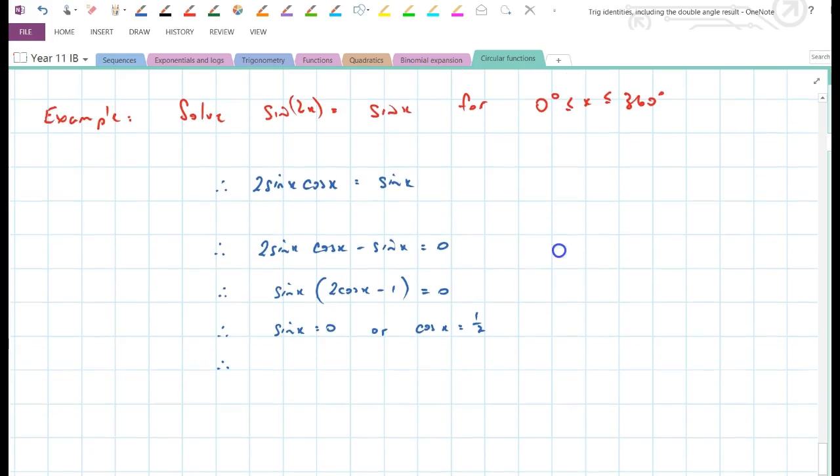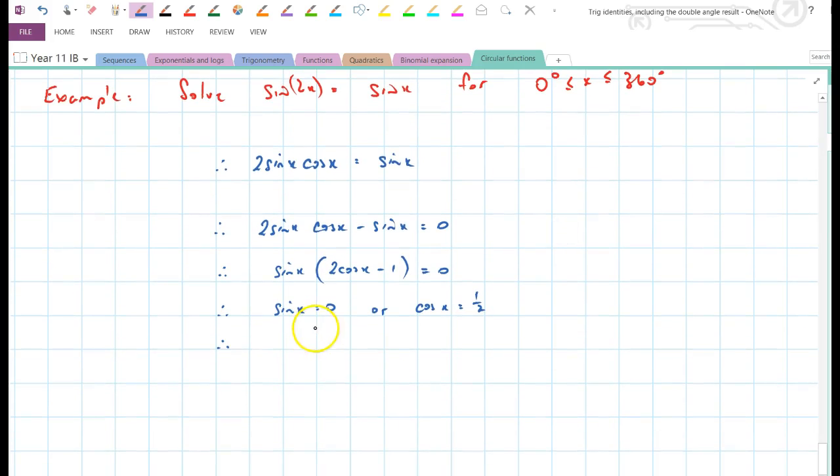Sine x equals 0: that's where the y coordinate is equal to 0 on the unit circle, so the y coordinate is equal to 0 there, and it's equal to 0 there. We're going from 0 to 360, so we can say therefore that x is equal to 0, 180, or 360 degrees from sine x equals 0.